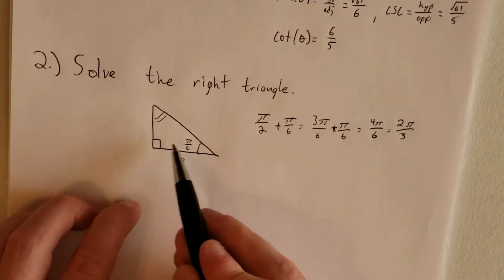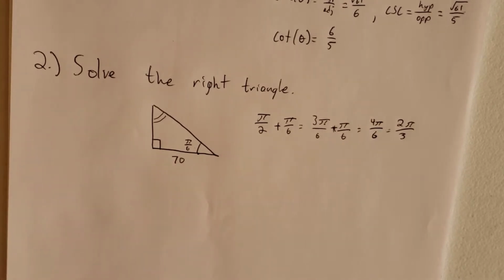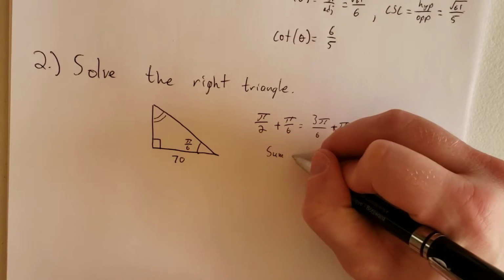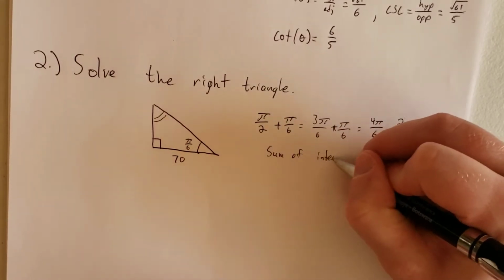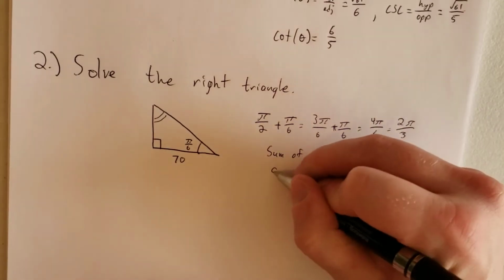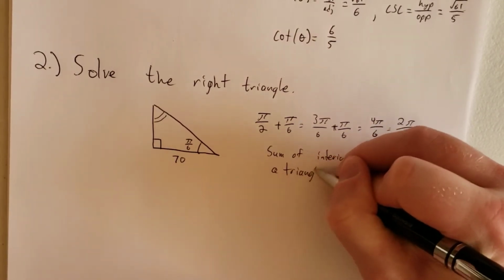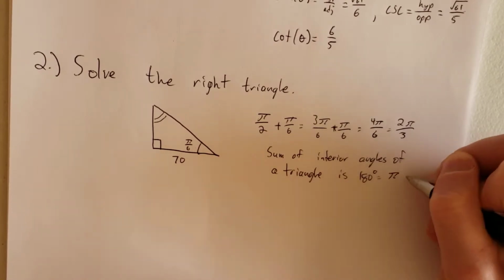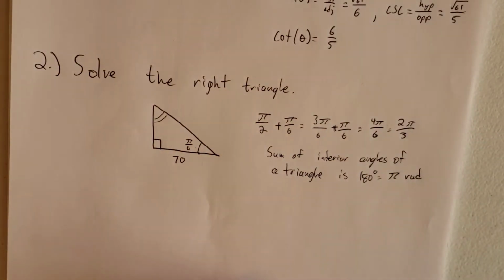Well, the total sum of the interior angles of a triangle is 180 degrees, which is the same as pi radians.